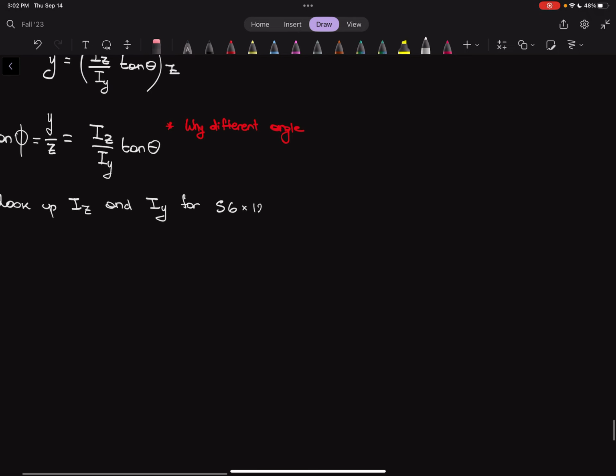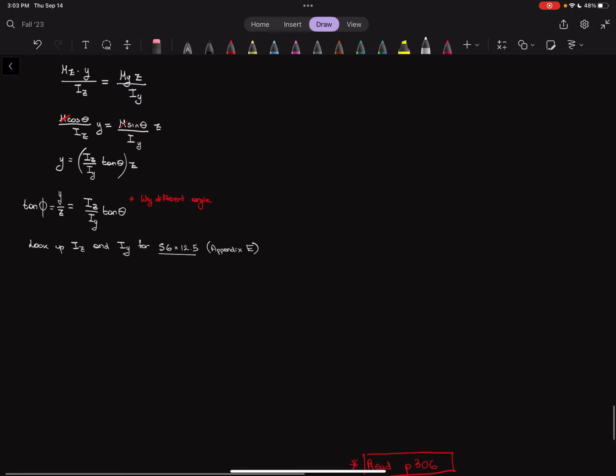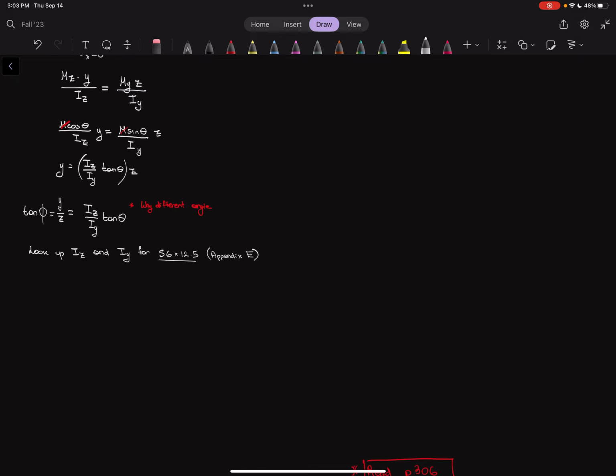If you go to Appendix E of the book, what you're going to find is this S, and it's going to be S. What page is this? Page A25. You want to make sure it's in U.S. customary units. And now you're going to scroll down to S6 times 12.5.